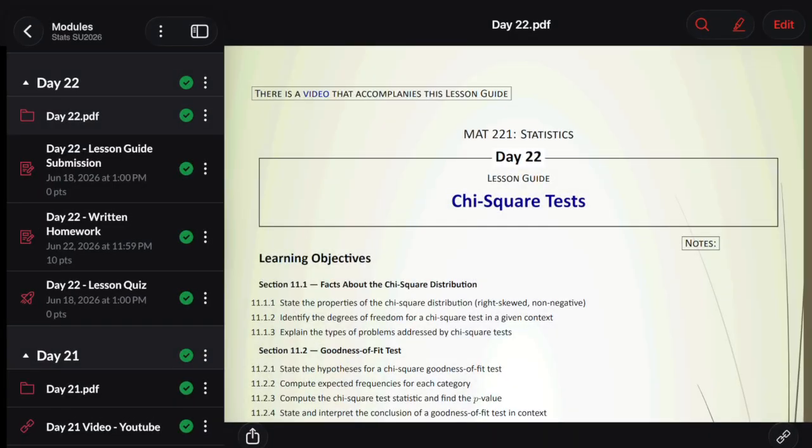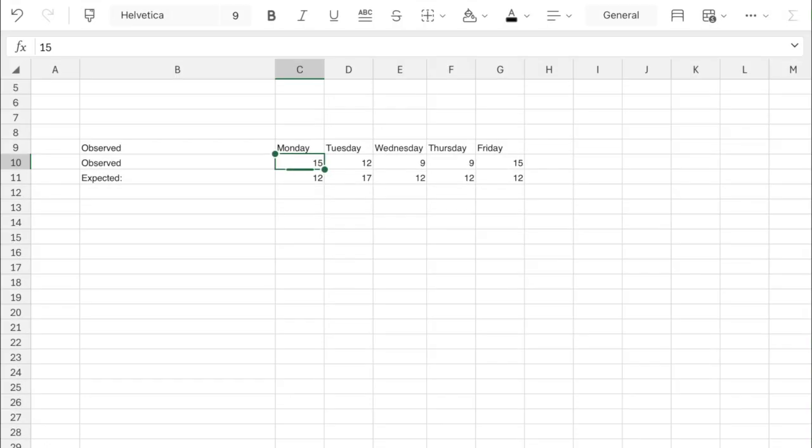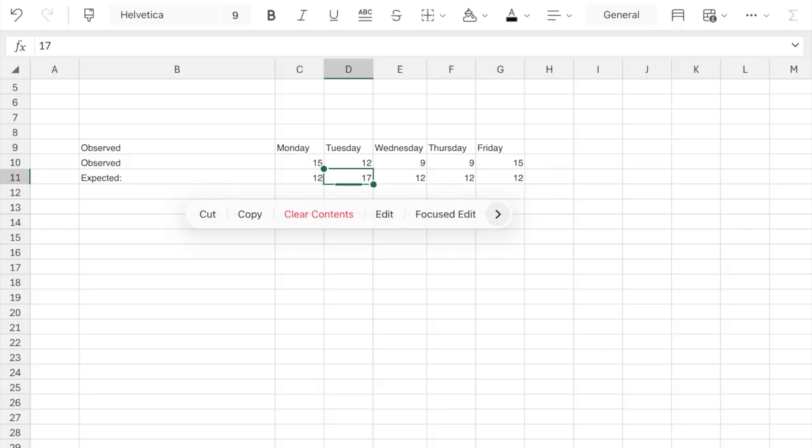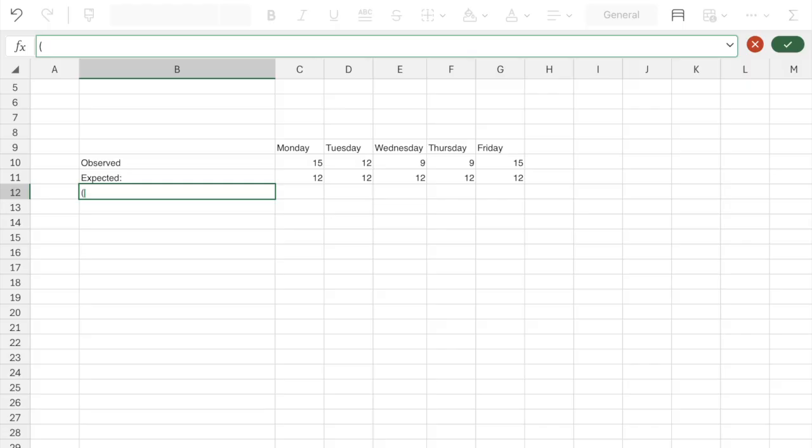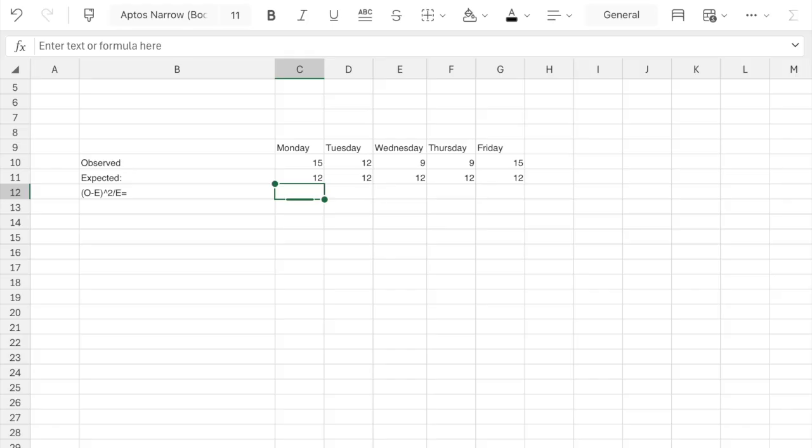Yeah, the only one that's off is this 17 here needs to be a 12, doesn't it? All right, so there it is. Okay, so what I'm going to do is I'm going to put now my O minus E squared over E. And now what is that for each one of these, right? We have to compute it for each one.